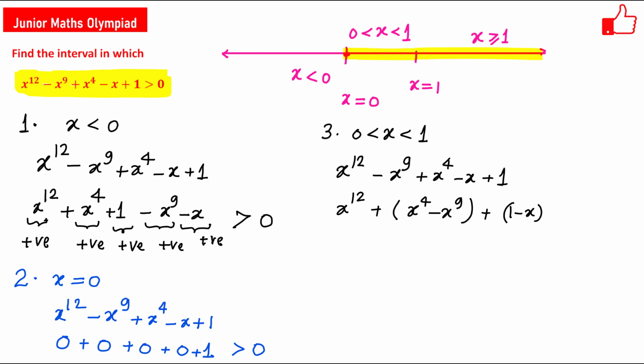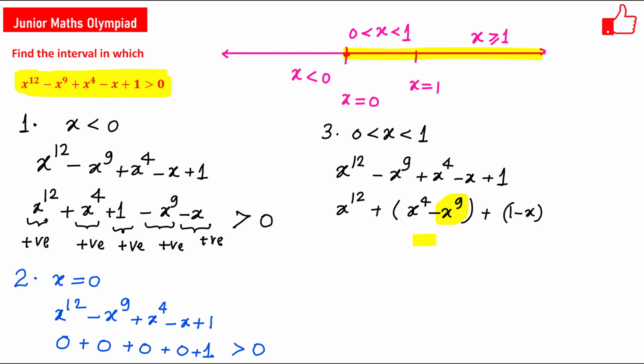So this means if you raise a higher power, the number becomes smaller. So x raised to the power 4 and x raised to the power 9, which will be smaller? x raised to the power 9 will be smaller, because for a number between 0 and 1, the more power you raise it to, the smaller the number is. So x raised to the power 9 is smaller than x raised to the power 4.